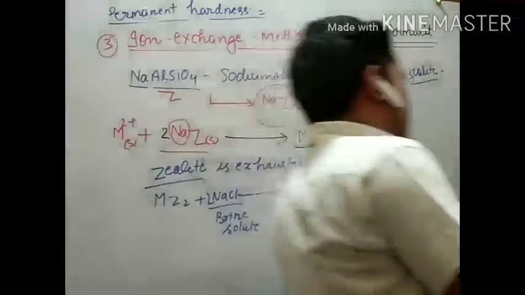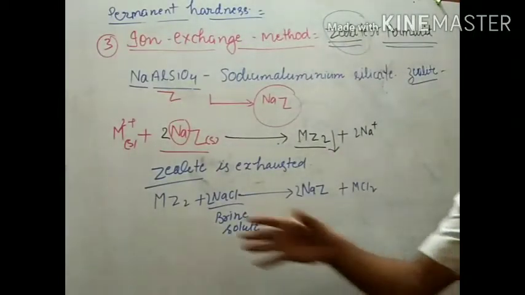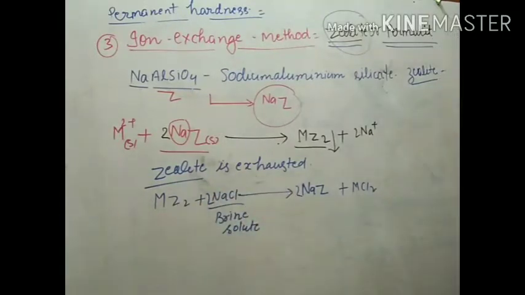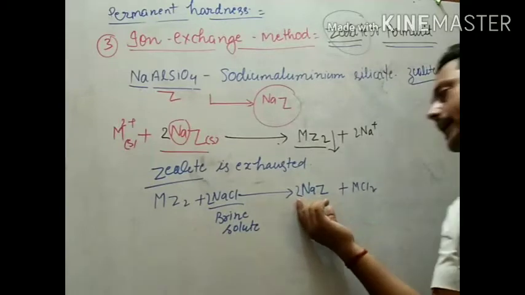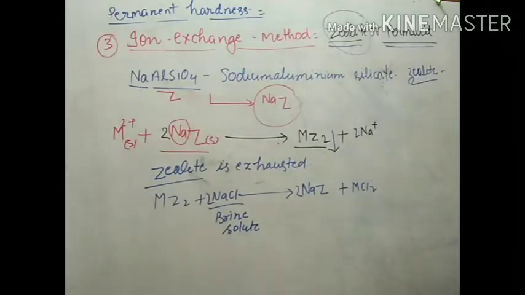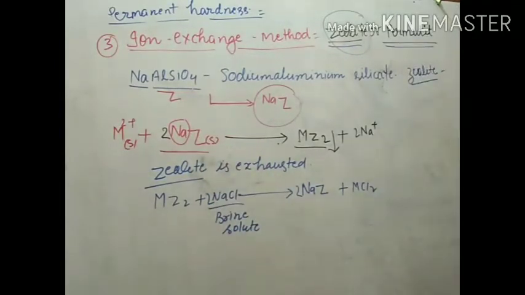And we get the brine. So when zeolite is passed through brine solution, it again regenerates. And zeolite is said to be exhausted when all the sodium ions of zeolite have been used.